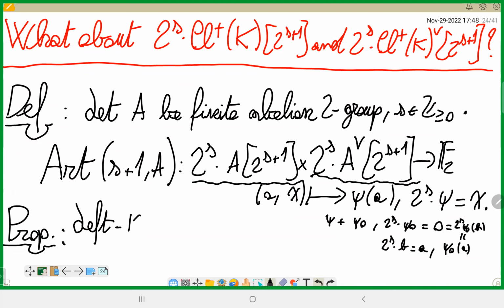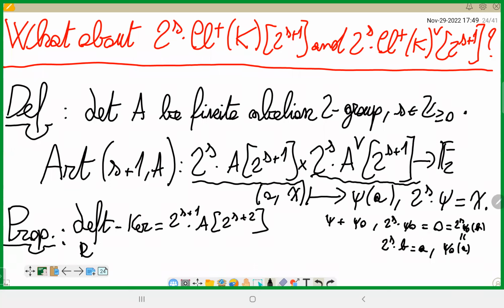So the left kernel is 2 to the s plus 1 times a 2 to the s plus 2. By left kernel, I mean the things that vanish with everything else, so in the pairing, the a that kill every single chi.